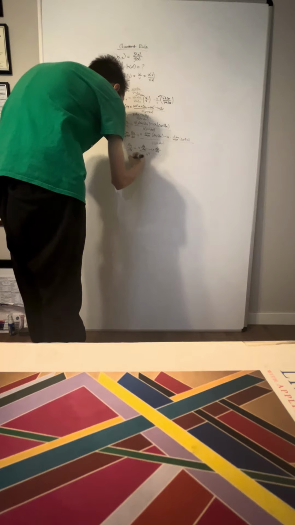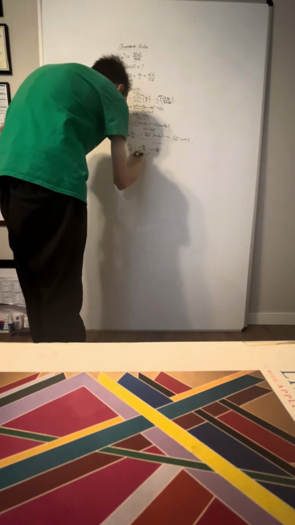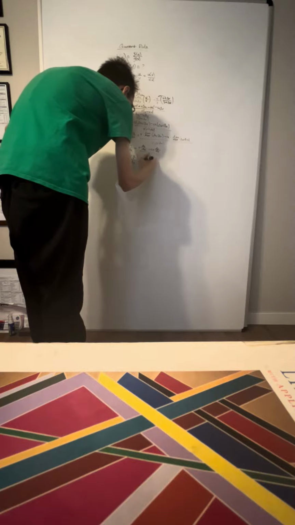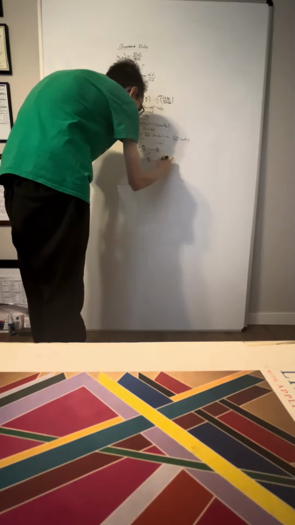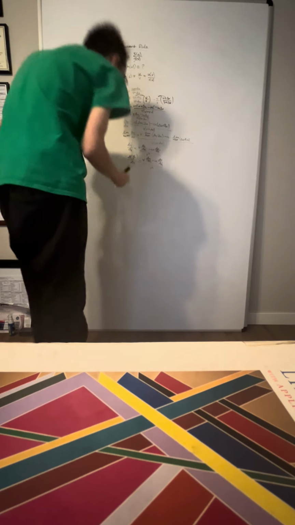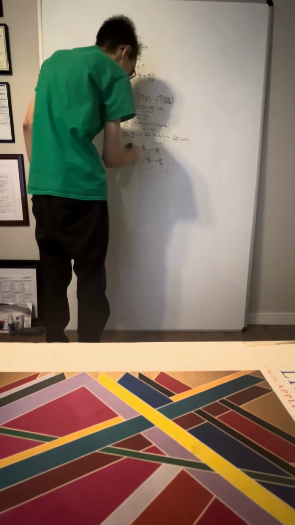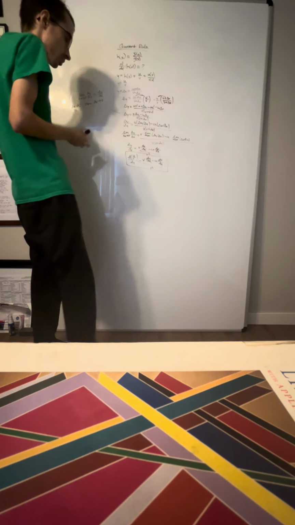So we're going to have d of u over v dx equals v du dx minus u dv dx over v squared. This is how you're going to see it in a lot of your textbooks as the quotient rule.